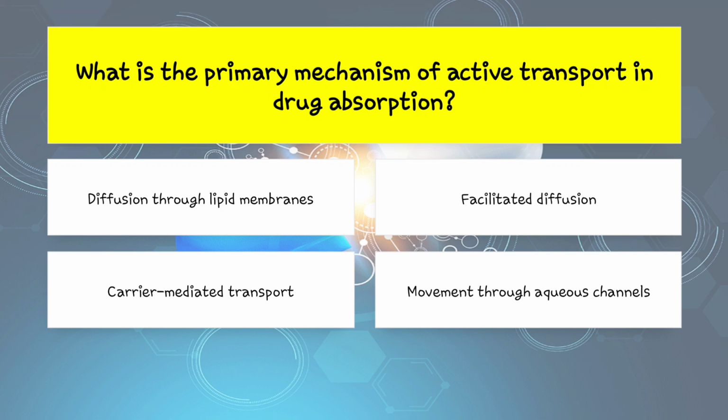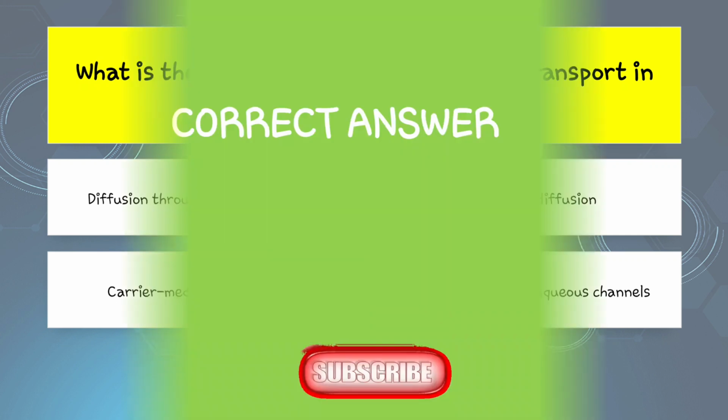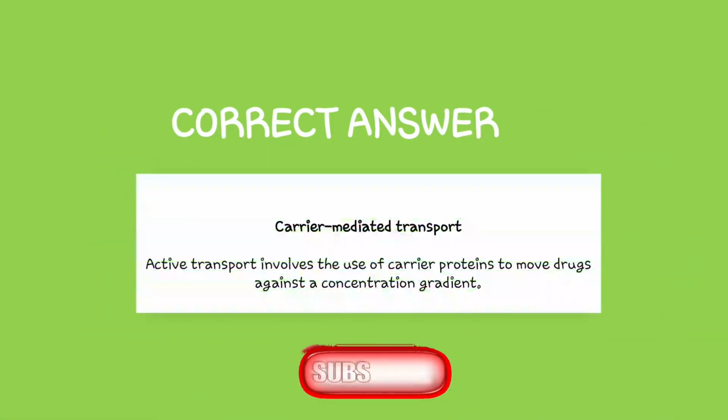Your time starts now. Please stop. The correct answer for the question is carrier mediated transport. Okay. So active transport involves use of carrier protein to move drugs against concentration gradient.